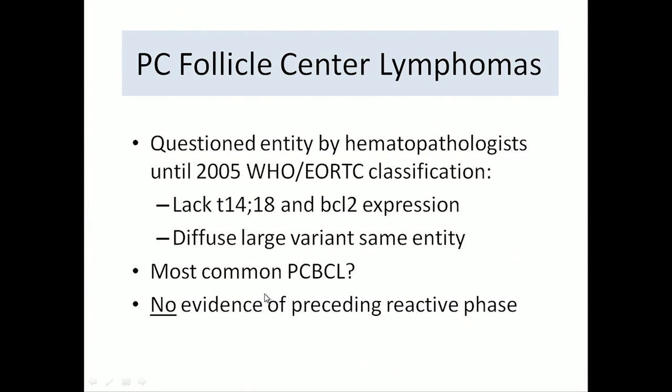So let's talk about the other one. The important one, primary cutaneous follicle center cell lymphoma, an entity that was questioned by many hematopathologists until the WHO 2005. Why was it questioned? Because the typical chromosomal defect of nodal follicular lymphomas, the t(14;18) translocation or BCL2 expression, is rarely observed in the skin.